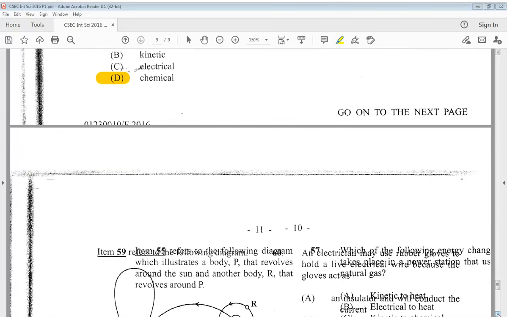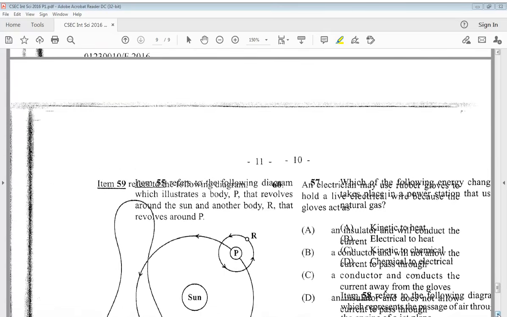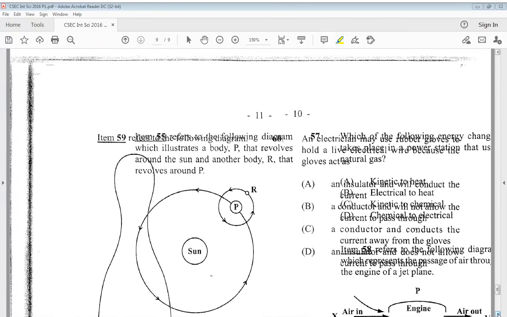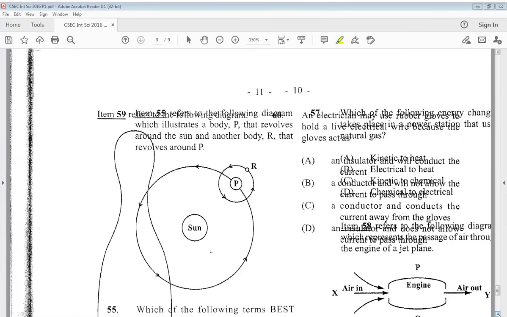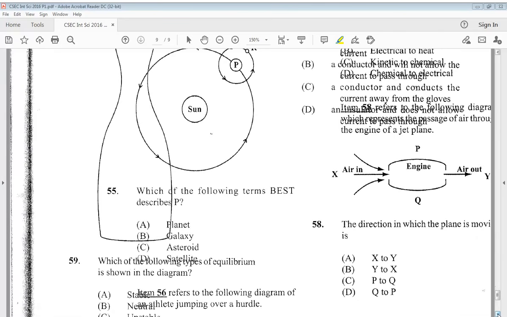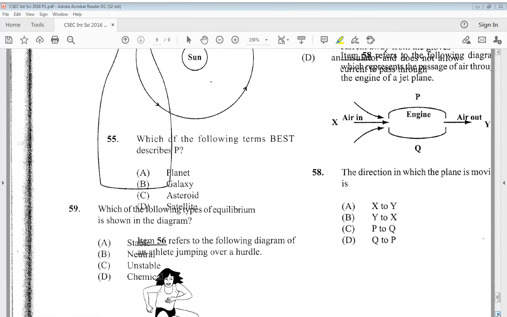Okay, let's go. Well, in the latter part of this paper, there has been an error in the way it has been printed. And so, for that reason, we're not able to see clearly the questions, as you can see.